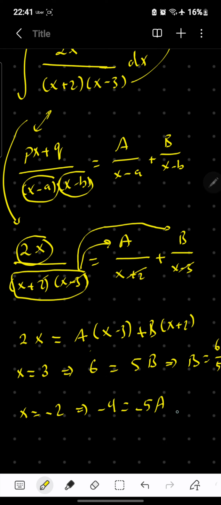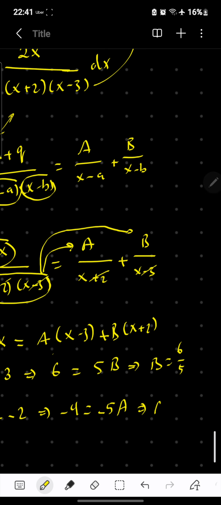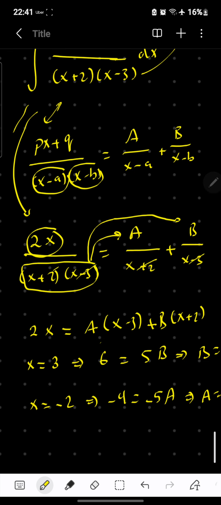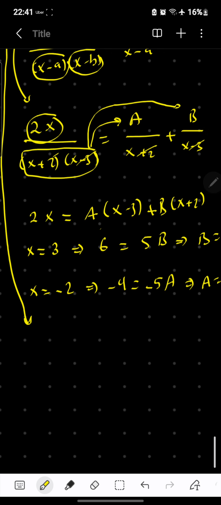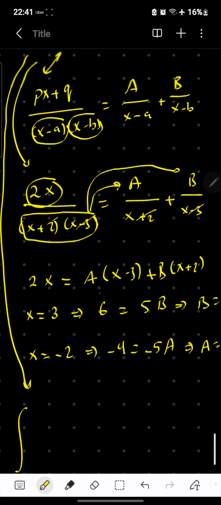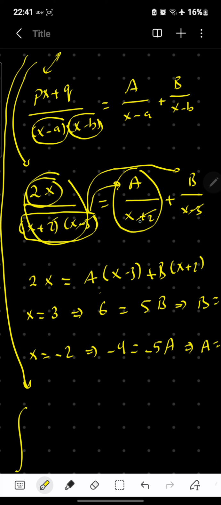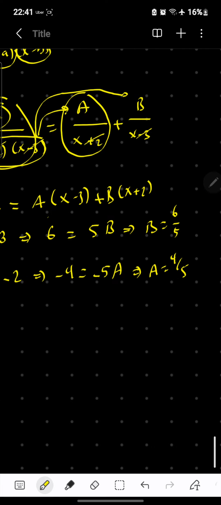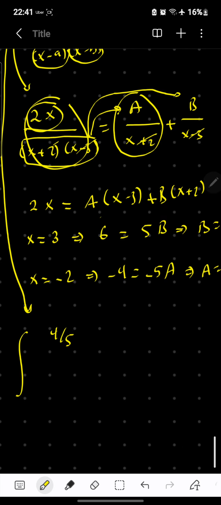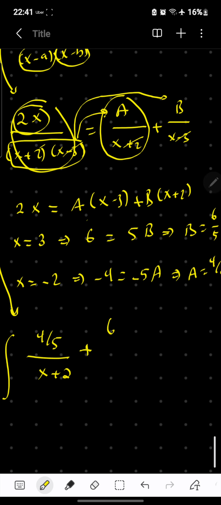Negative 2, it's 0. So a is equal to 4 over 5. Now we have the new form of our integral. The integrand is a over x plus 2, where a is 4 over 5, plus b over x minus 3, where b is 6 over 5, dx.